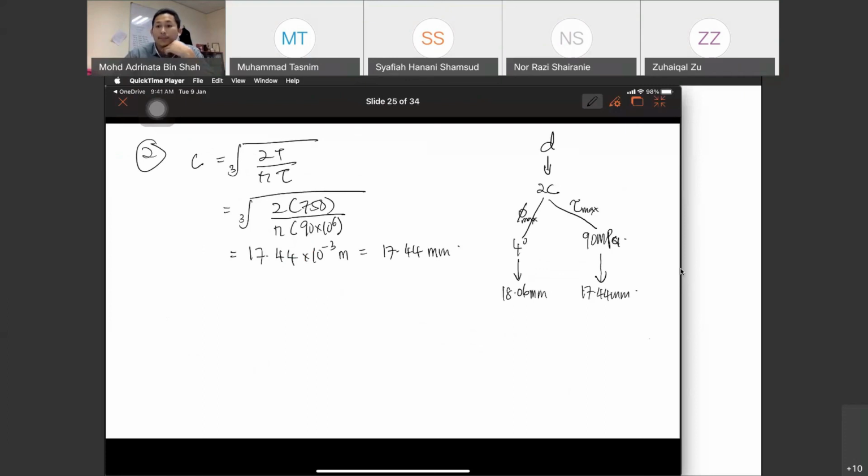Kenapa 18? 18 does not exceed 4 degree. 17 also does not exceed 90 megapascal.